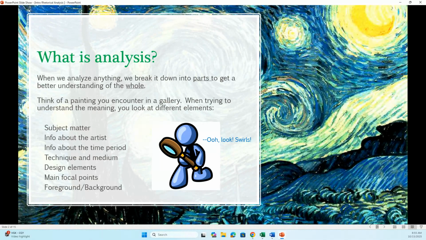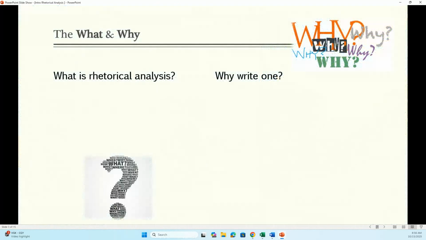Maybe you Google information about the artist, or sometimes paintings have the biography next to the work of art. You might look for information about the time period. That's more of context. Technique and medium, or the design elements, and so on. Once you start looking at the smaller elements of something, it helps you to better understand it and to make meaning.